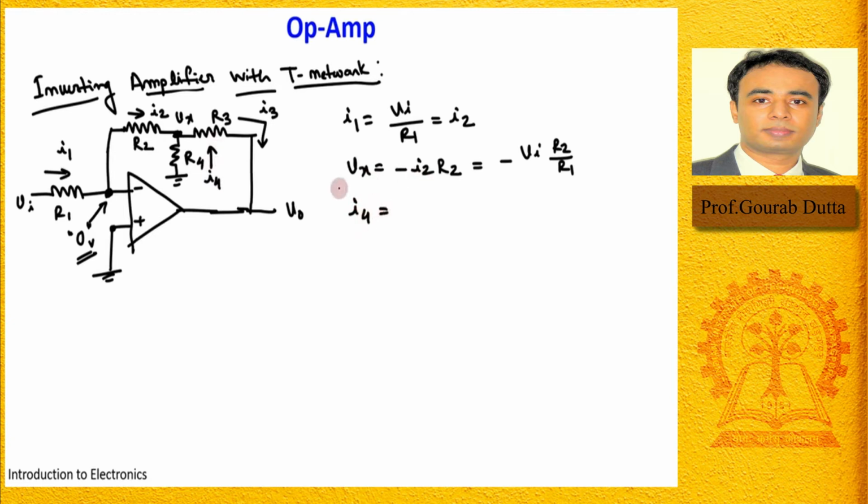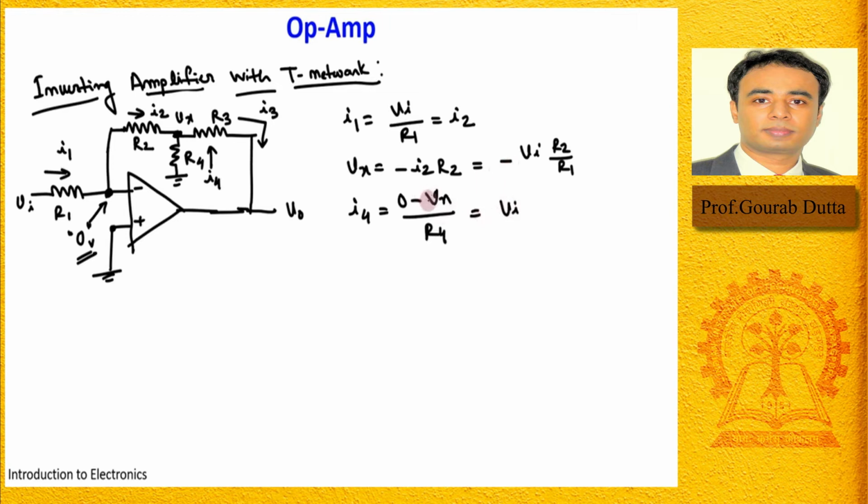Okay. Then what is this I4 current? So see here, 0 minus Vx by R4, right? So what is this Vx? You can put it here, in terms of this Vi, if you want to replace it. So here it will become Vi. So will it be minus?